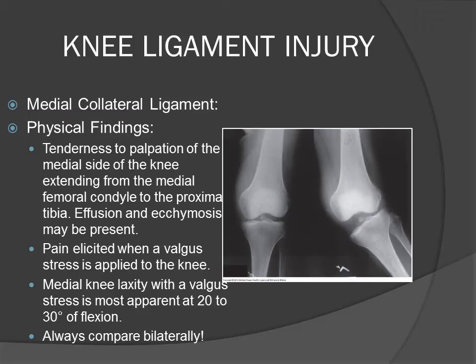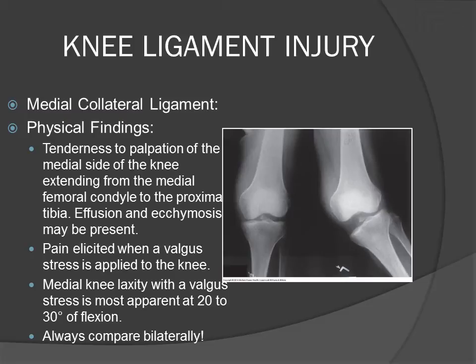You can perform your medial collateral ligament testing in a variety of angles of knee flexion. Some doctors do it with the knee in complete extension, and then work their way up through various ranges of motion, assessing for the reproduction of symptoms, and also assessing for medial knee laxity throughout various ranges of motion.